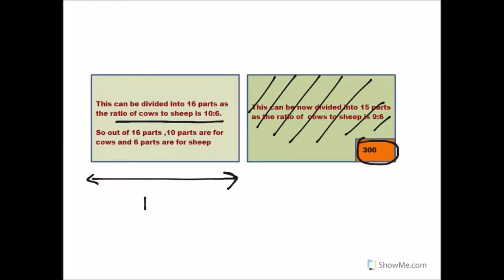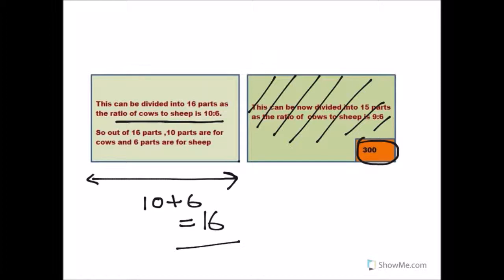So 10 plus 6 is 16. Of the 16 parts altogether, 6 parts belong to the sheep and 10 parts belong to the cows.